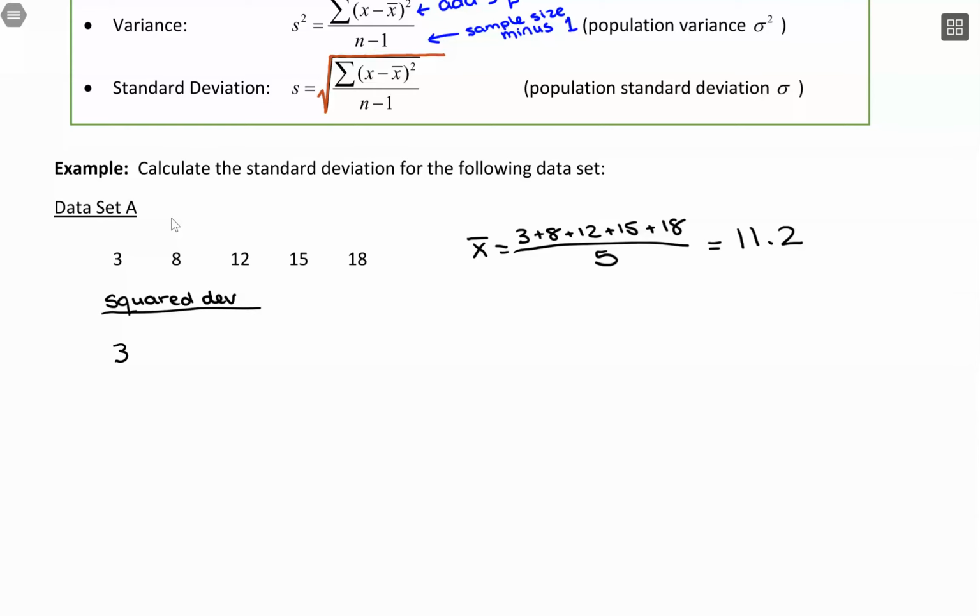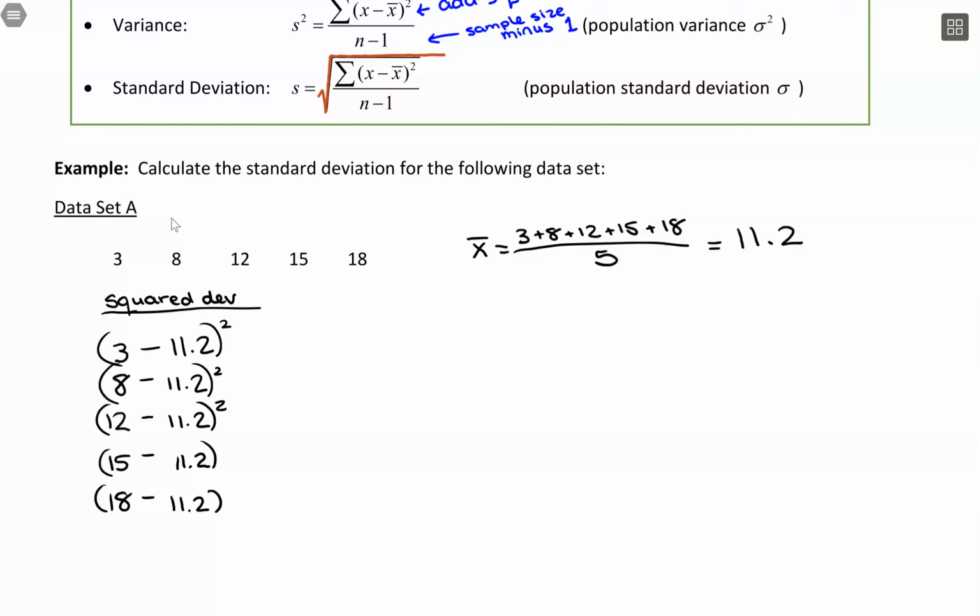So taking each data value minus the mean, which we just found was that 11.2, and squaring those differences.